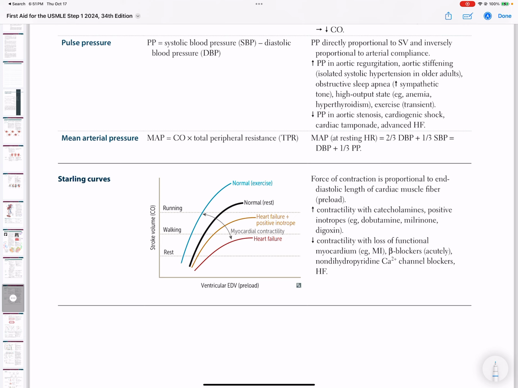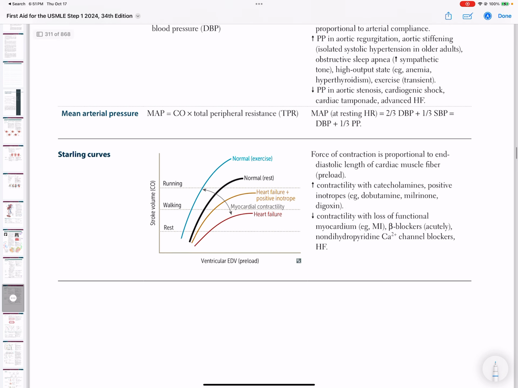Force of contraction is proportional to the end diastolic length of cardiac muscle fiber, that's the preload. Contractility is increased with catecholamines and positive inotropes, that's dobutamine, milrinone, and digoxin. Contractility is decreased with loss of functional myocardium, that is MI, beta blockers acutely, non-dihydropyridine calcium channel blockers, and heart failure.